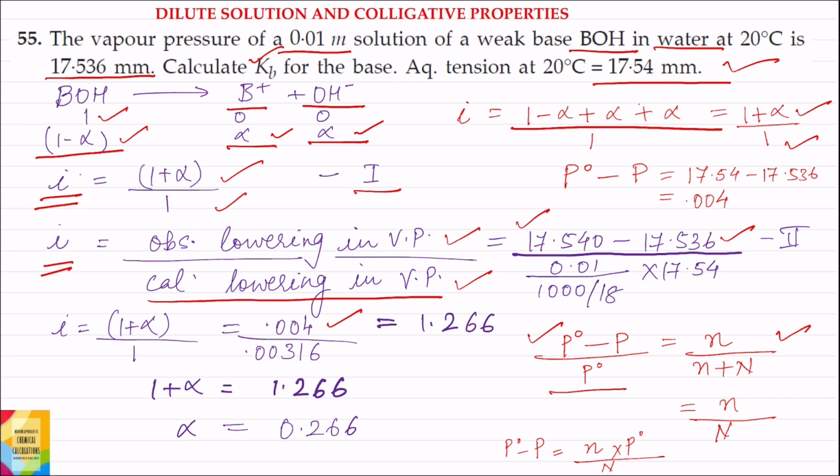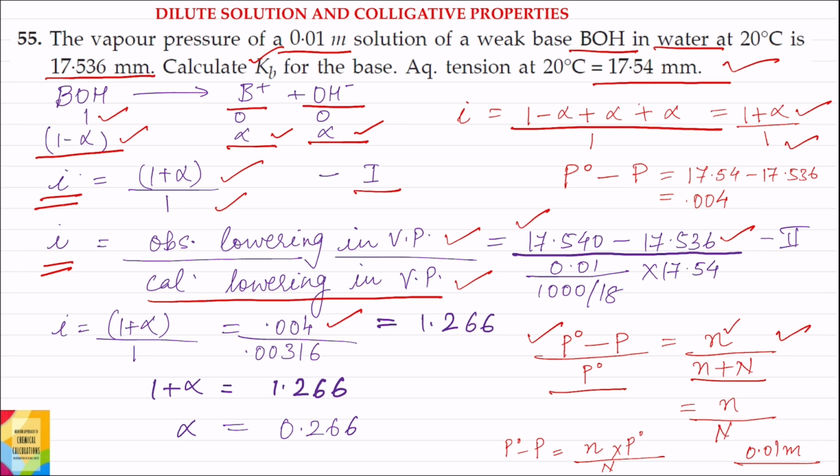The mole fraction of solute is equal to moles of solute divided by total number of moles. Now the molality of the solution is given as 0.01 m. 0.01 m means 0.01 moles of solute is present in 1 kg of solvent.